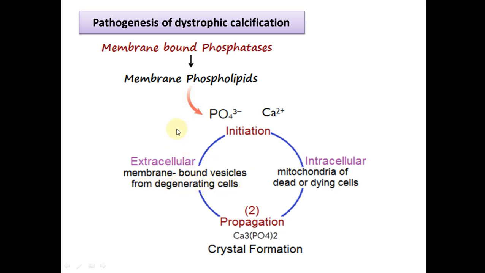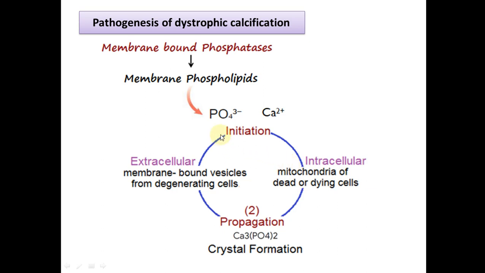The phosphatases act on the phospholipids liberating phosphate, and the calcium in the surrounding area binds to this phosphate, forming crystalline calcium phosphate. Inside the cell, calcium is deposited in the mitochondria and in the smooth endoplasmic reticulum, where it is stored, and it is released when the action of calcium is required.